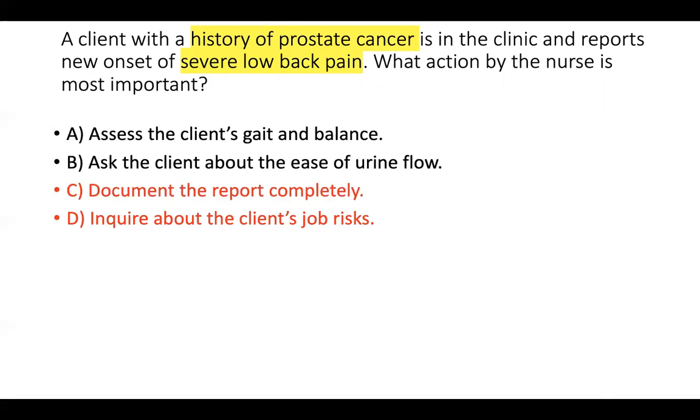Maybe the patient has job risk, but notice one key thing that I said in that, maybe. If you have to say maybe, could be, should, typically you're headed down a rabbit hole and you're getting ready to send yourself in the wrong direction. So we can cross this one off as well because it can address the low back pain, but it doesn't address the history of the prostate cancer.